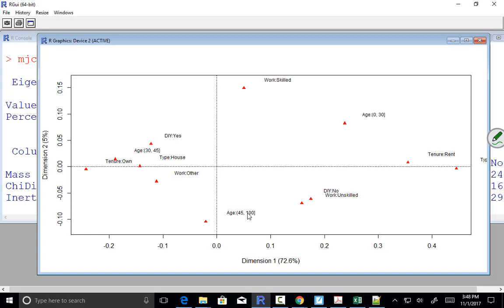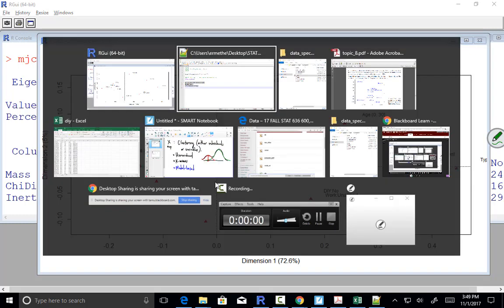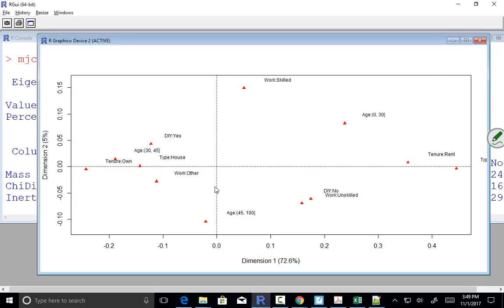One more quick thing. How does this happen exactly? How do you eigen decompose a bunch of categorical variables? Basically, you have to take your categorical variables and turn them into numbers of some kind.